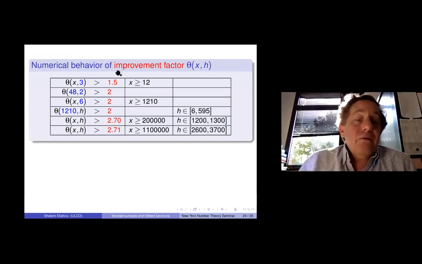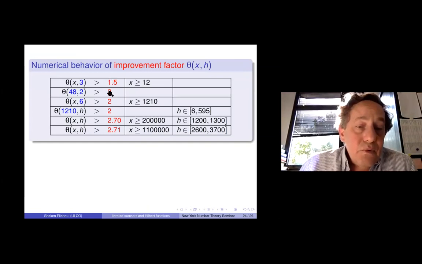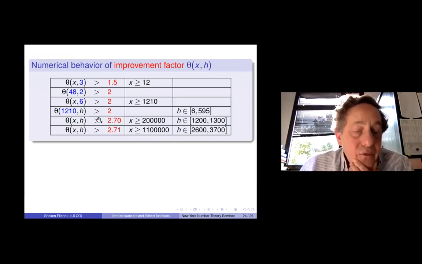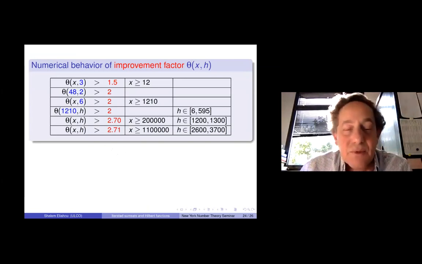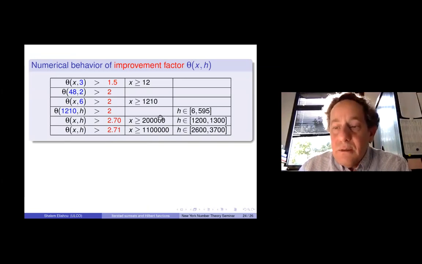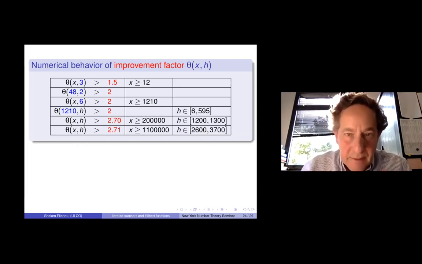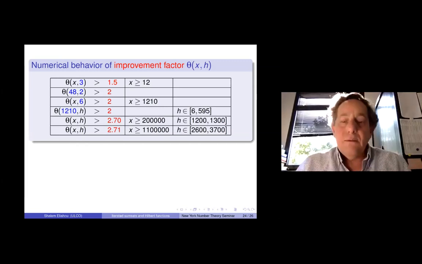And so therefore, this is good. If you want to reach at least 2.7, then this happens here, and at least 2.71, this happens here. Anyway, this is all in the preprint, which is available on arXiv. And I will make the slides available. We'll see with Eliahou.